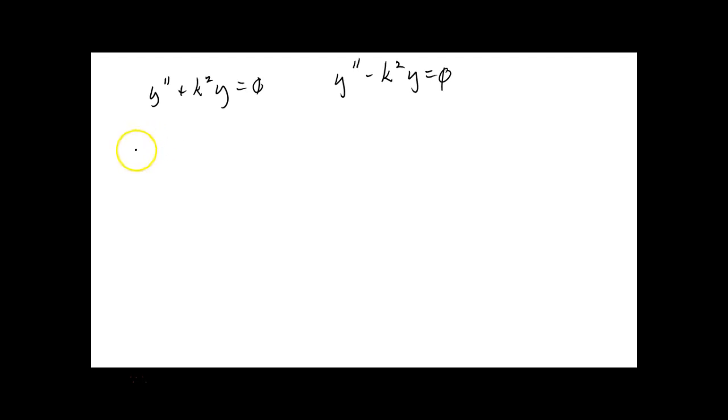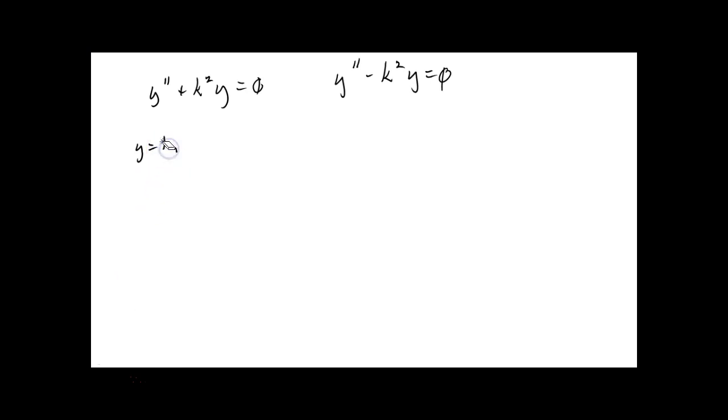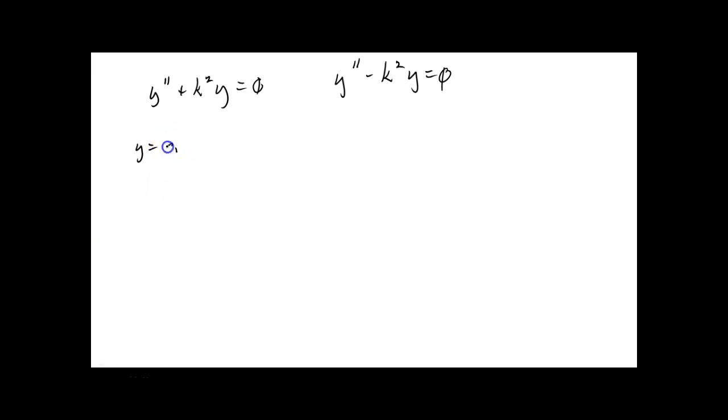So your solution is y is equal to c1 e to the kx plus c2 e to the minus kx.